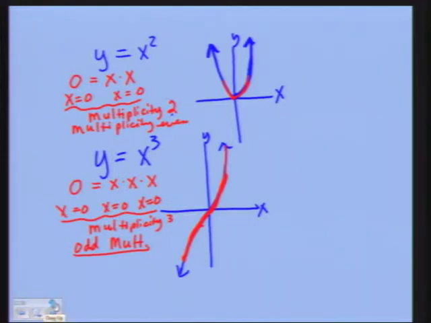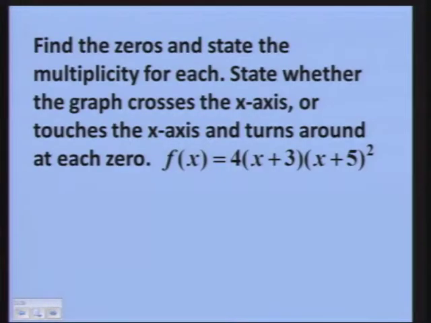So let's see if we can do some multiplicities here of our zeros after we find them. Looking at this problem, find the zeros and state the multiplicity for each. State whether the graph crosses the x-axis or touches the x-axis and turns around at each 0. Well, they were real nice to us. They gave it to us in factored form.